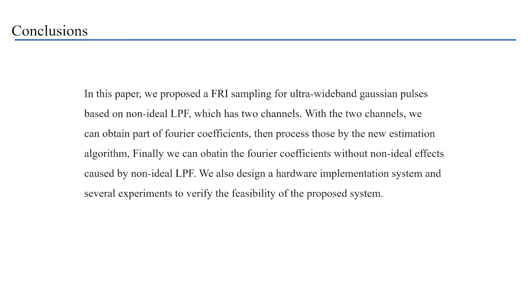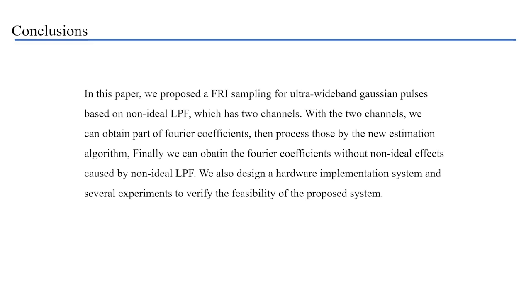In this paper, we proposed an FRI sampling method for ultra-wideband Gaussian processes based on non-ideal LPF, which has 2 channels. With the 2 channels, we can obtain parts of the Fourier coefficients.